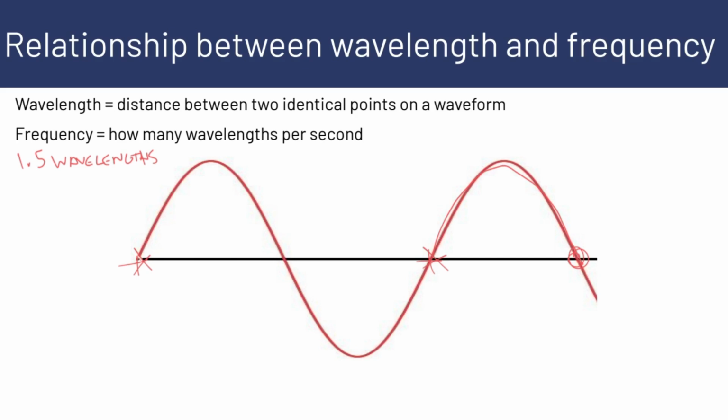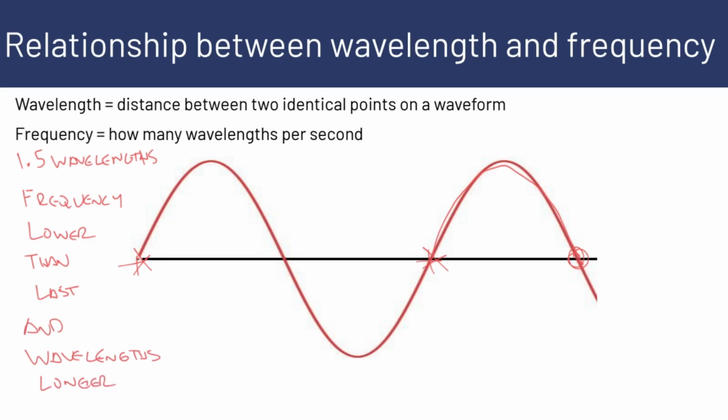So the frequency in this image is lower than the last. 1.5 wavelengths went by in the same amount of time as 3 wavelengths went by in the last image. So the frequency is lower in this one, and the wavelengths are longer. Wavelengths are longer in this image than in the last image. So longer wavelengths, lower frequency.